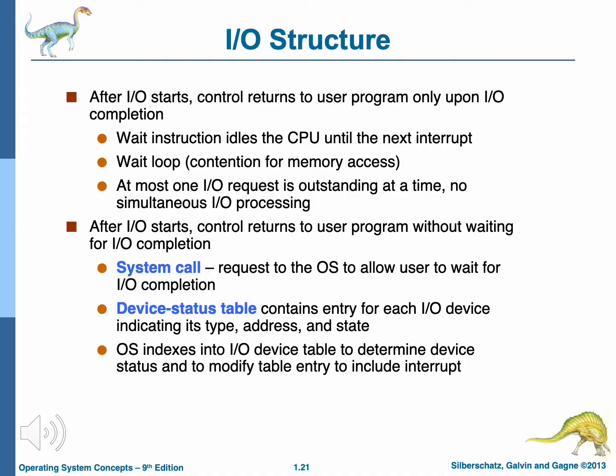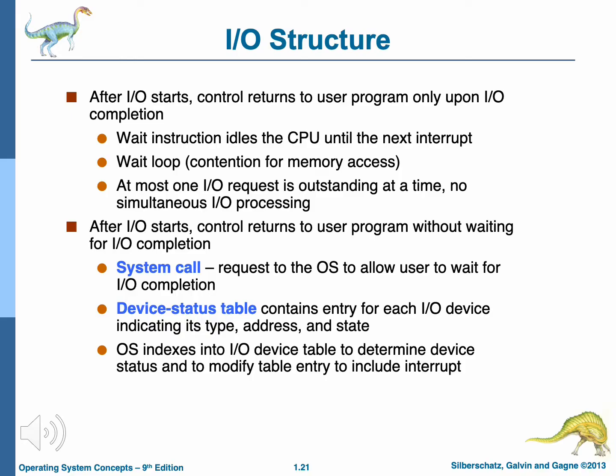Typically, operating systems have a device driver for each device controller. This device driver understands the device controller and provides the rest of the operating system with a uniform interface to the device.